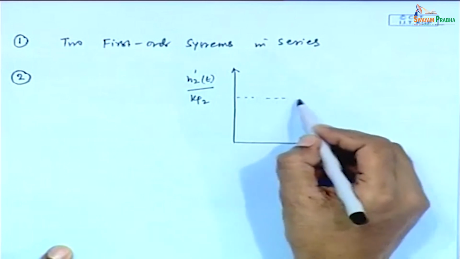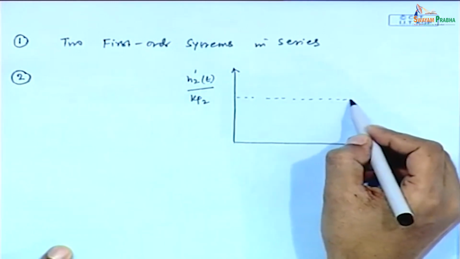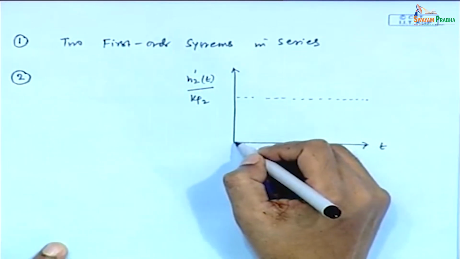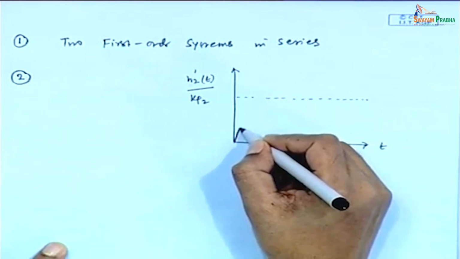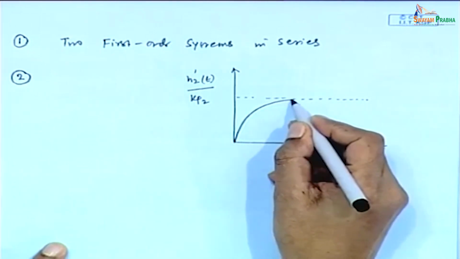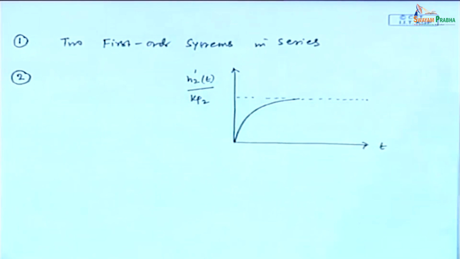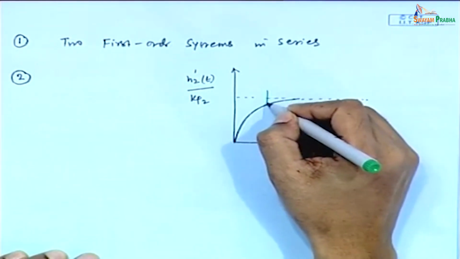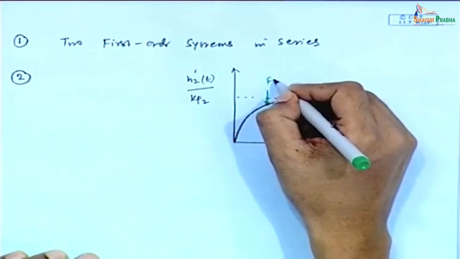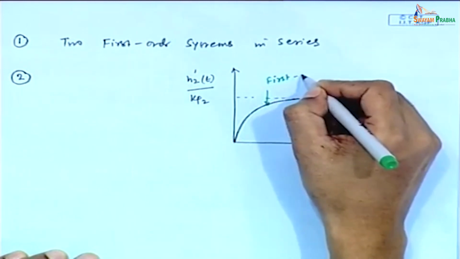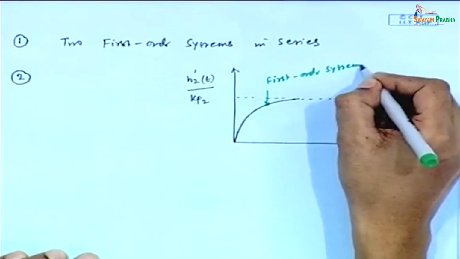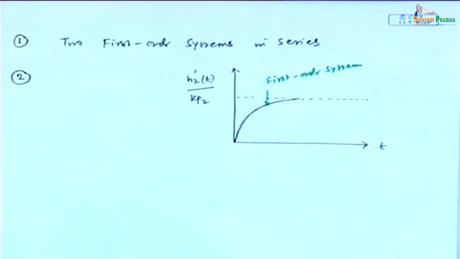The steady state is represented by the dotted line, and the dynamics is like this. This is for first order system. This is the dynamics of first order system.